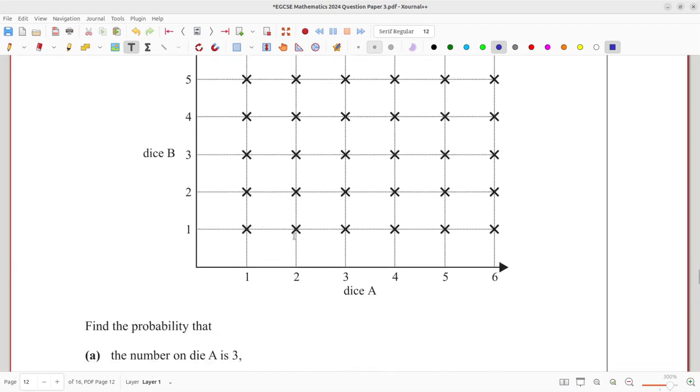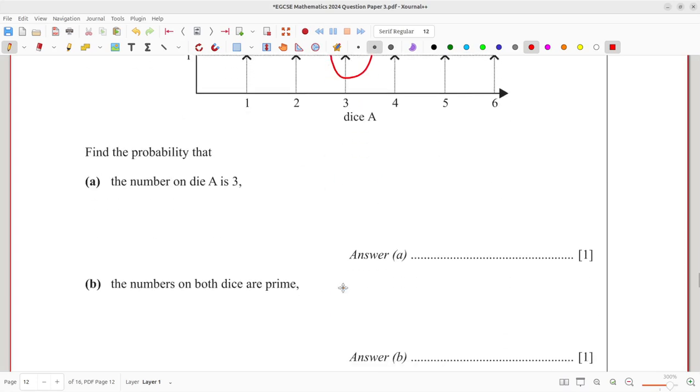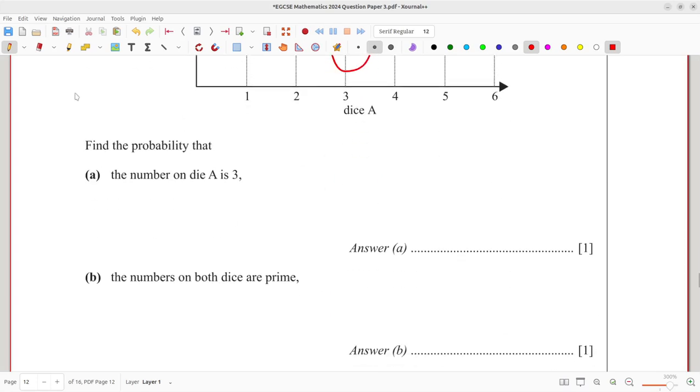So getting a 3 from type A, it's all these outcomes here. How many are they? 1, 2, 3, 4, 5, 6 out of 36. So this is 6 on 36. Next, the numbers on both dice are prime.